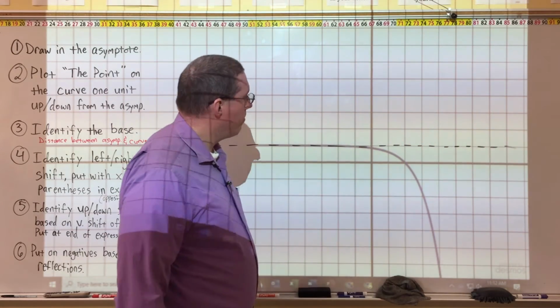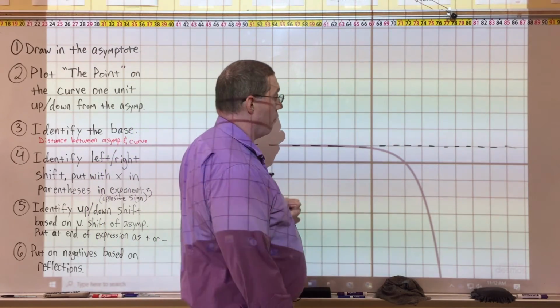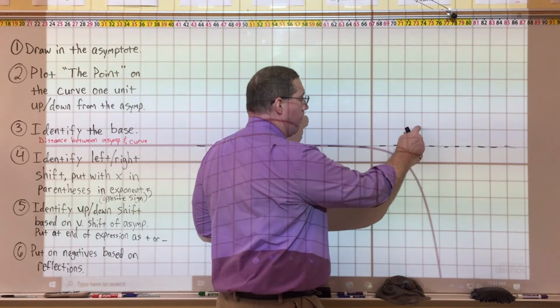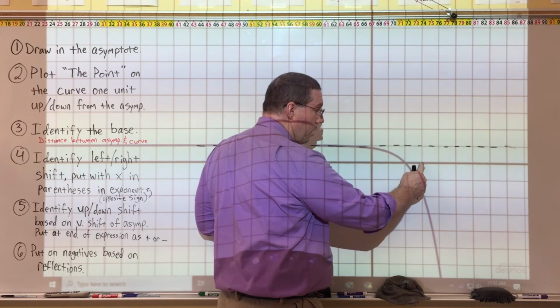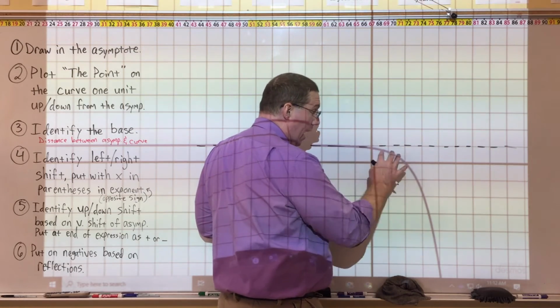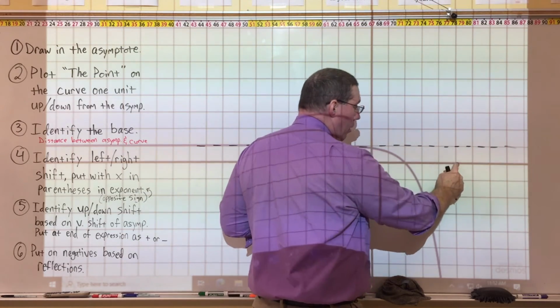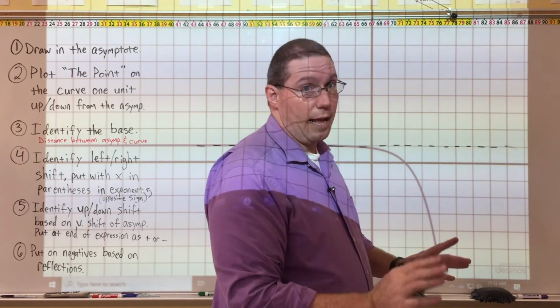There's my asymptote. Now I need to identify the point, right? So for the point, I'm either going to go 1 unit up or 1 unit down from the asymptote. I know I'm going to go 1 unit down. Why? Because the curve is below the asymptote, right? So 1 unit down along this horizontal line, which just happens to be the x-axis, and that's okay.